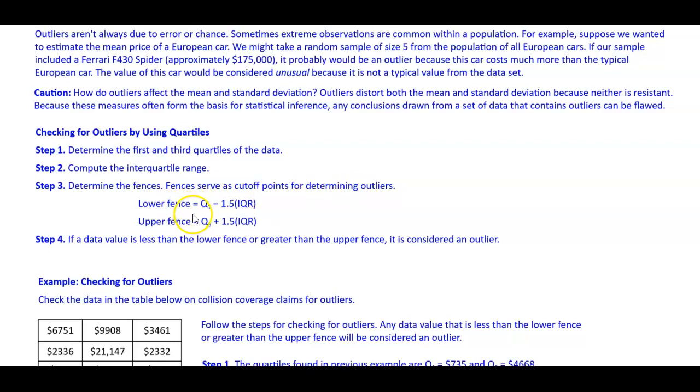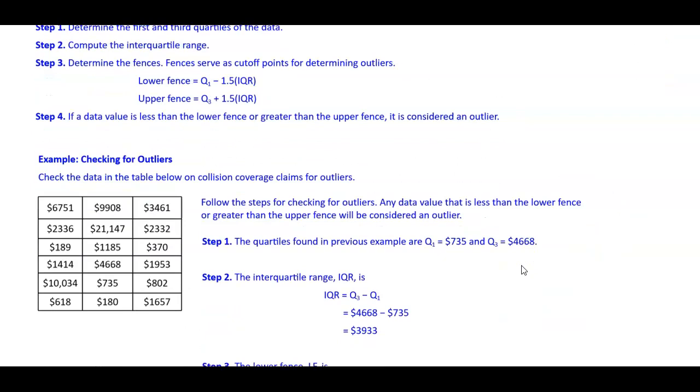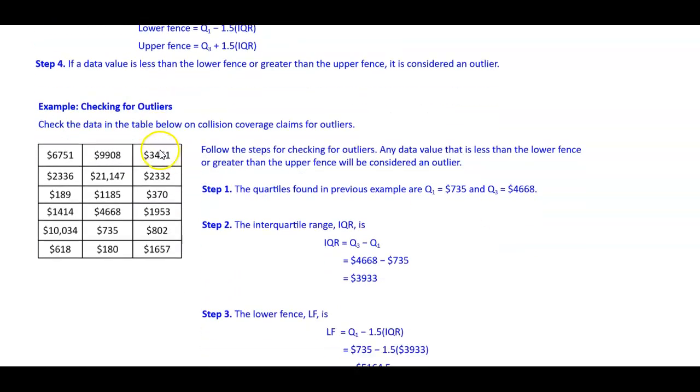The lower fence is quartile 1 minus 1.5 times the interquartile range. The upper fence is quartile 3 plus 1.5 times the interquartile range. If a data value is less than the lower fence or greater than the upper fence, it is considered an outlier.